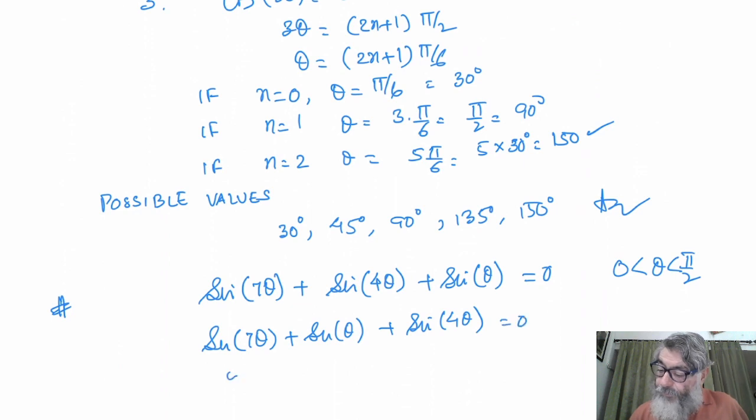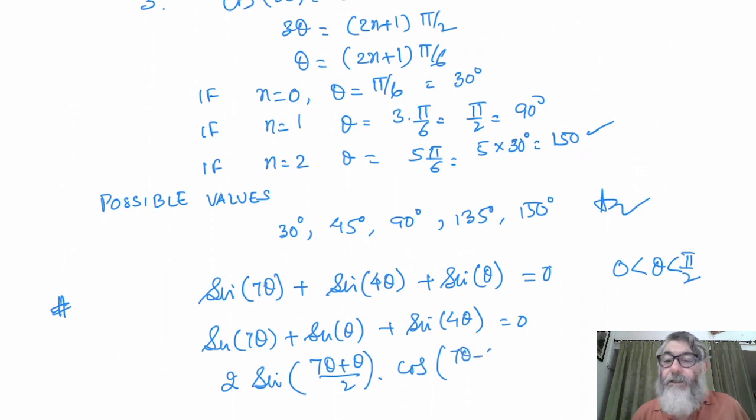Now 2 sine of 7 theta plus theta upon 2 will become cos of 7 theta minus theta upon 2, plus sine 4 theta is equal to 0.